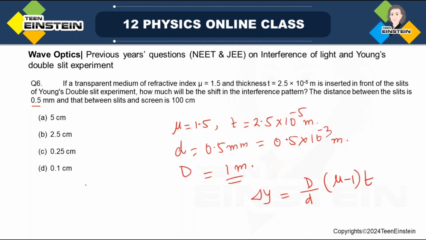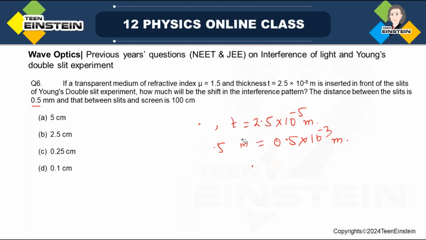Because you know this, right? So y is equal to n D lambda by d, right? So actually we are coming from there itself. Okay, somewhat from there. So if we put the values here, we'll get the answer. I think I don't have much space over here, so let me just erase few things.